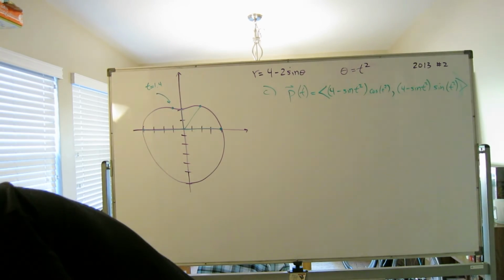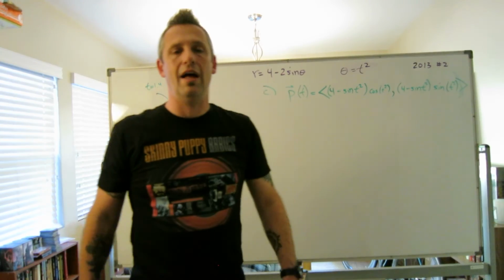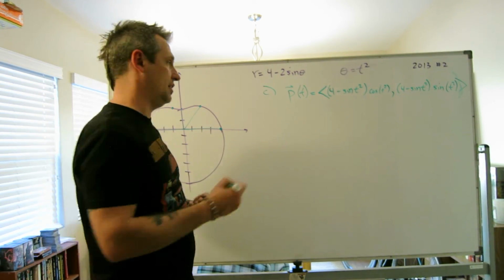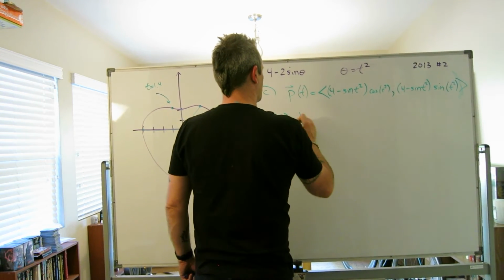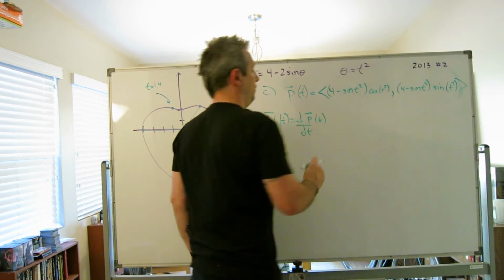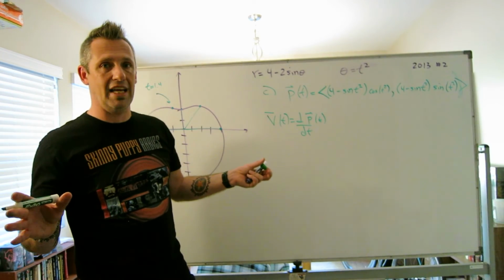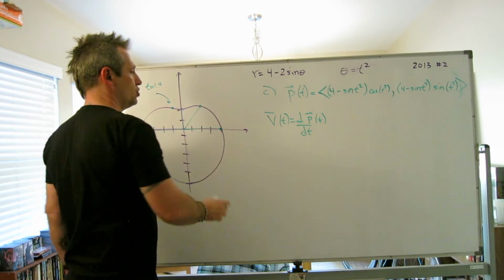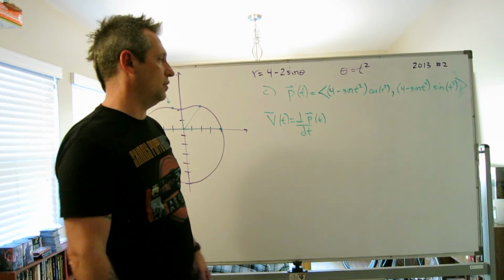The thing that they wanted us to then compute is, what is the velocity of the particle at time 1.5? So the velocity of the particle is the derivative of the position of the particle. It's a vector. The velocity is a vector. It is no longer the slope of a tangent line because we have a particle moving in two-dimensional motion, and we're interested in both the direction and the speed at which that particle is moving.